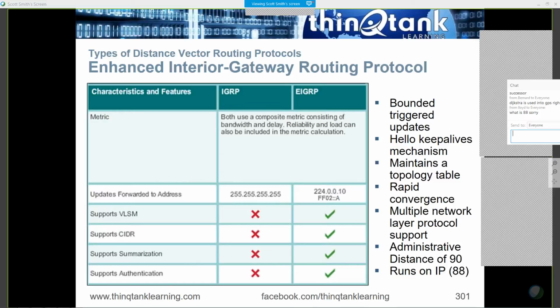The IP header protocol field points to 88 because the next header is an EIGRP header. So 88 is the protocol ID for EIGRP, kind of like 1 is the protocol ID for ICMP, and 6 is the protocol ID for TCP. OSPF is protocol 89.